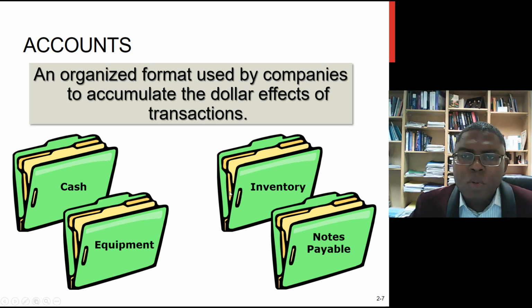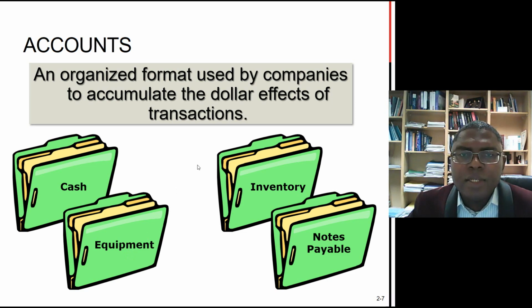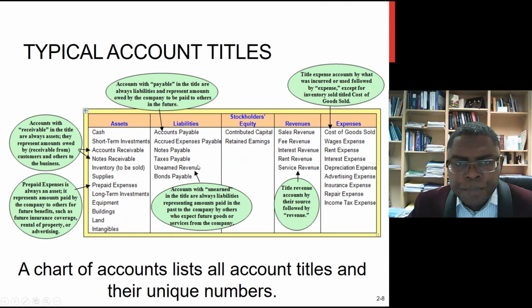So we want to know the different accounts, which are organized formats used to show the dollar effect of a transaction. We also have equipment accounts, notes payable accounts, etc. These are typical account titles. Here they are classified based on the broad categories of assets, liabilities, stockholders' equity, revenues, and expenses.